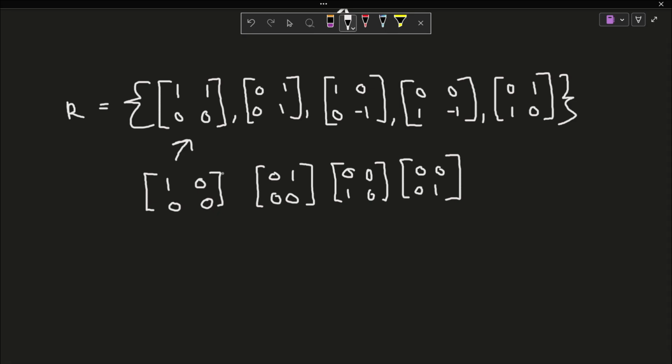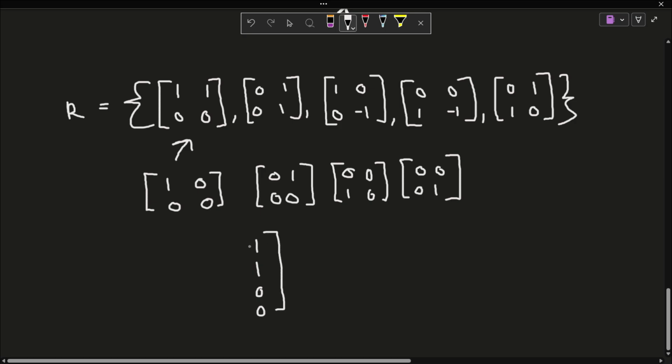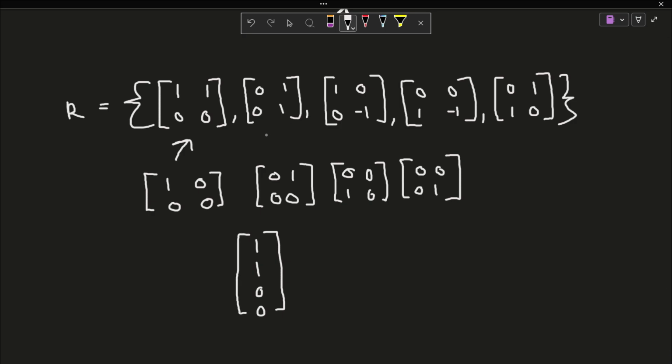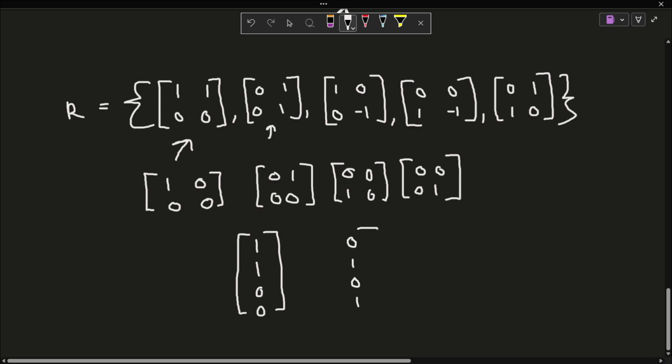Okay, good. So what we can do is we can represent this matrix up here as a combination of these 4 matrices. So this one is just going to be one of the first matrix, one of the second matrix, and then 0, 0. And then the second one, well, that's one of the second and then one of the fourth. So that's going to be 0, 1, 0, 1.